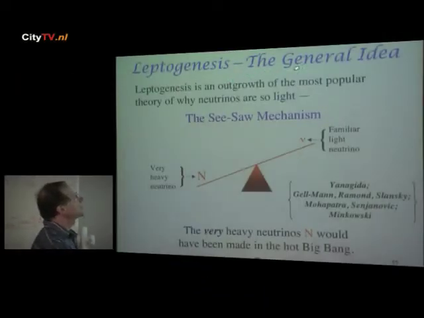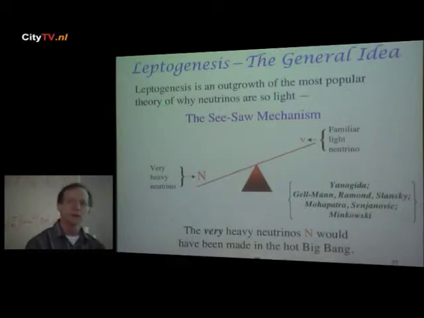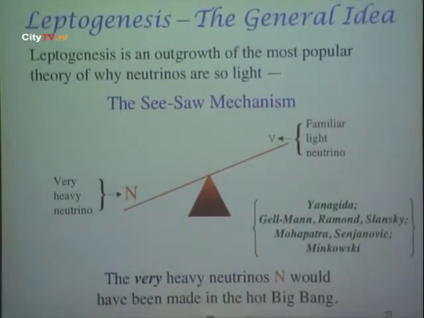Leptogenesis is a consequence of the most popular theory of why neutrinos, though they have non-zero masses, weigh so little. That theory is called the Seesaw Mechanism, and it associates with the familiar light neutrinos very heavy neutrino seesaw partners called N. And the way the arithmetic works, the heavier the N's are, the lighter the neutrinos are.